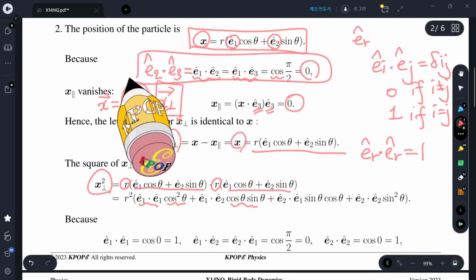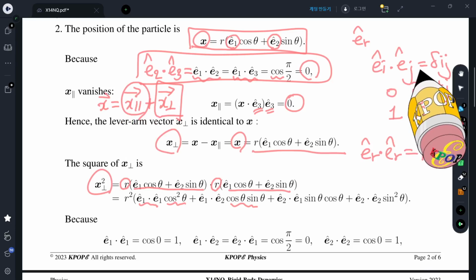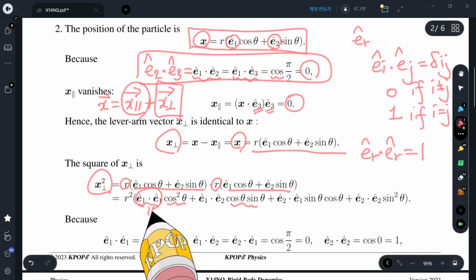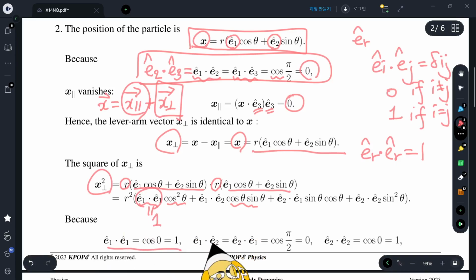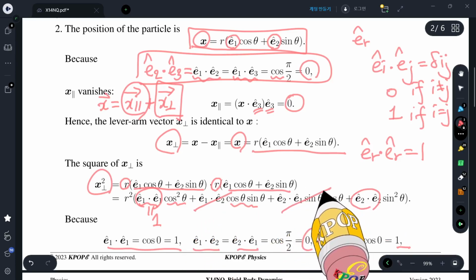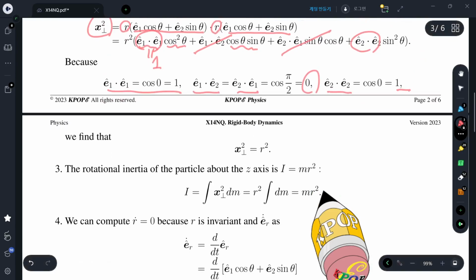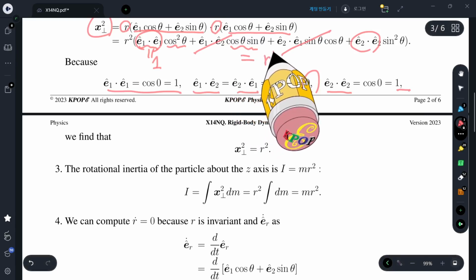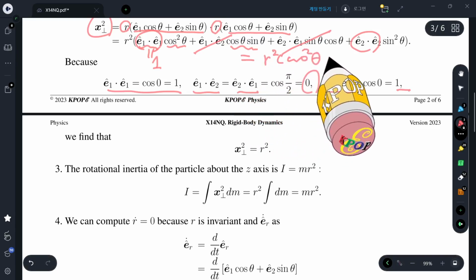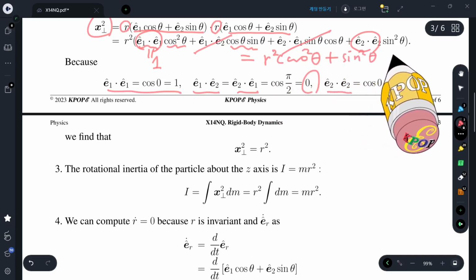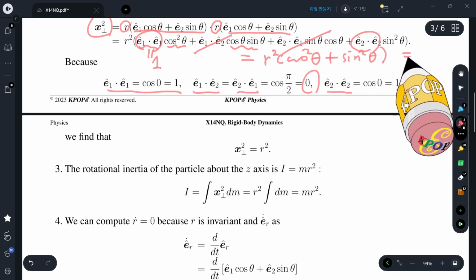By making use of the multiplication table for these unit Cartesian basis vectors' scalar products, 1 1 equals 1, 1 2 and 2 1 are 0, and 2 2 is 1. Therefore, these two terms survive and these two vanish. As a result, this is nothing but r squared times cosine squared theta plus sine squared theta, and using the Pythagorean theorem, it is r squared.